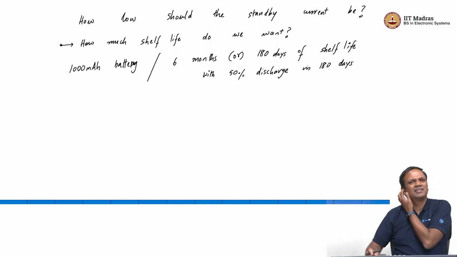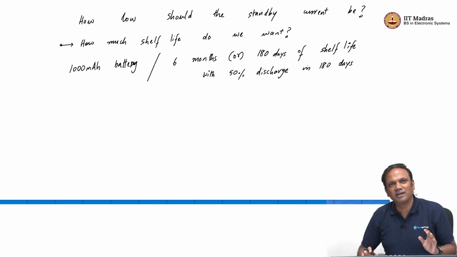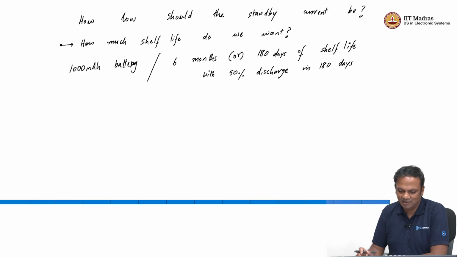So, let us say I started with 75% charge, after 180 days it goes to 25%, I will live with that.